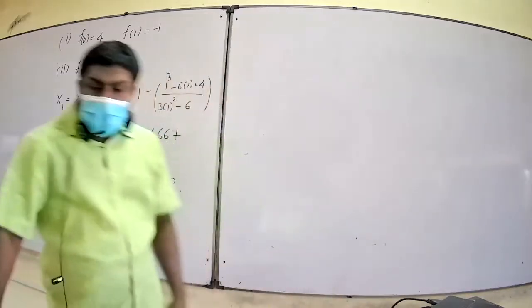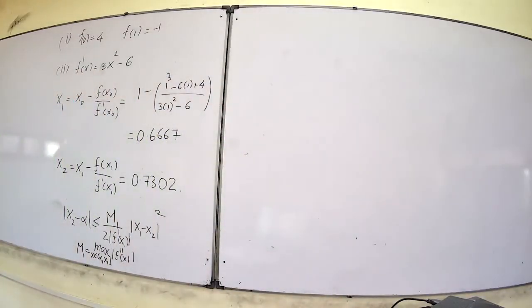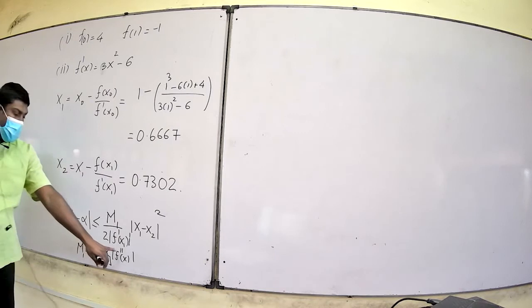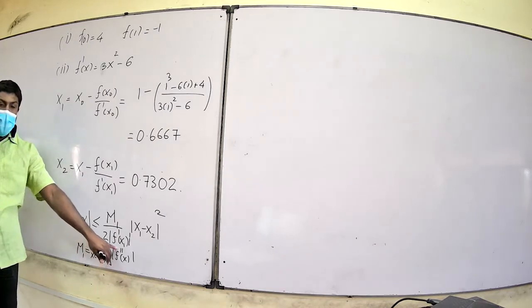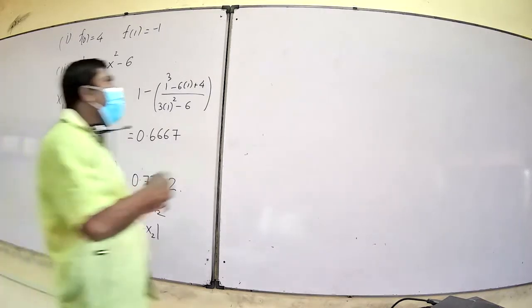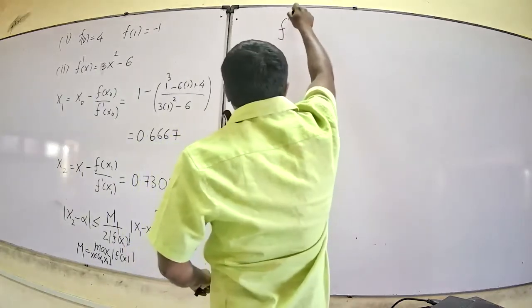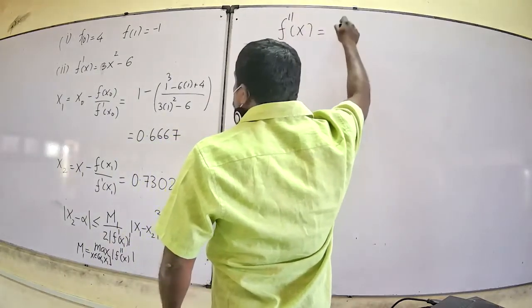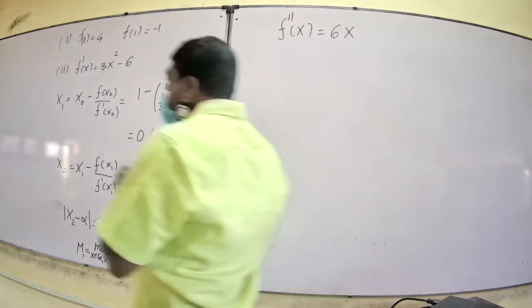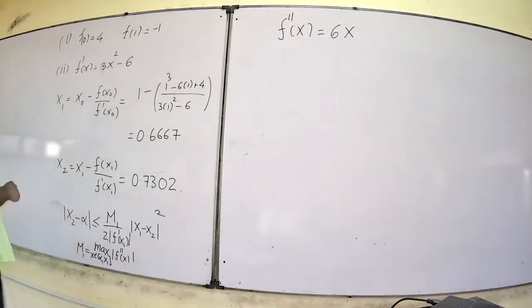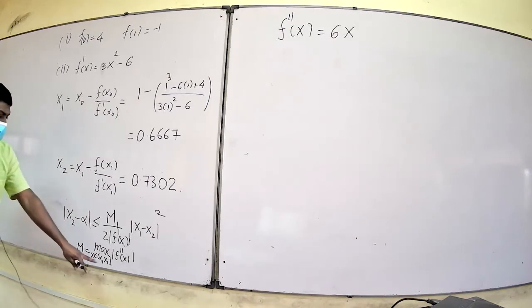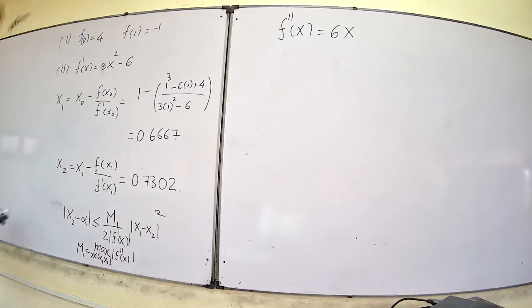Right? So first thing, you have to find what is f double prime, because you want to find the maximum of f double prime. So you will find f double prime. That is clearly 6x. Right? So you are looking in an interval between alpha and x1. 6x is an increasing function.